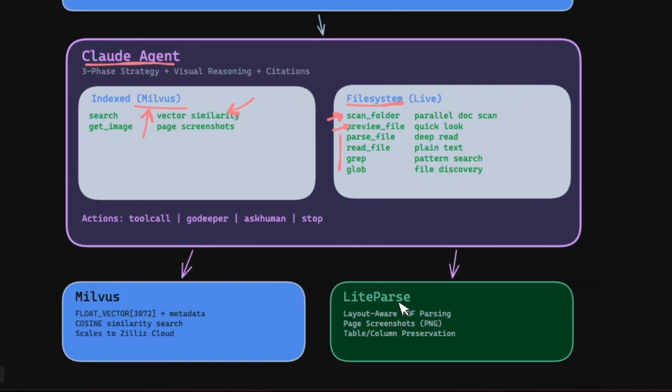Now, we do one more thing. For every page that has a picture, we take a screenshot of that. All of this parsing of the documents is happening through LightParse, which is an open source project from Llama Index. And for vector store, I'm using Milvus, which is a high performance vector store that can scale with your data.